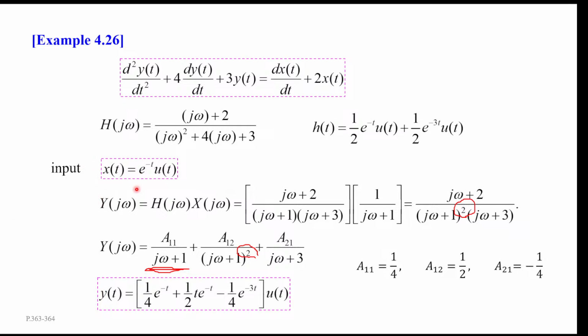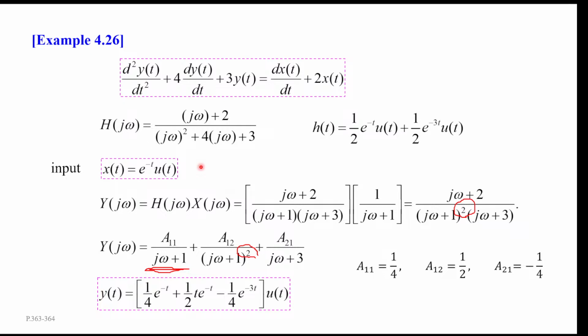Okay, so we have h of t, and we have big H of j omega, and we know big Y of j omega is big H times big X. So first we have big X, but small x is a nice form we know. It also gives a rational function in j omega, which is 1 over j omega plus 1.